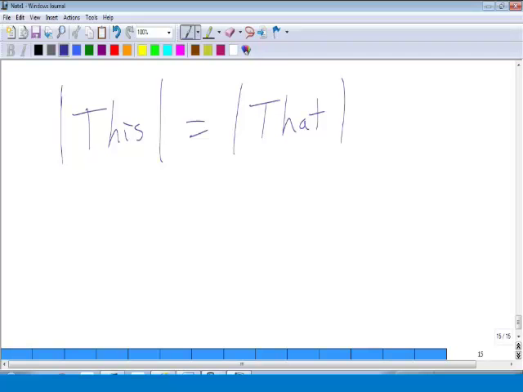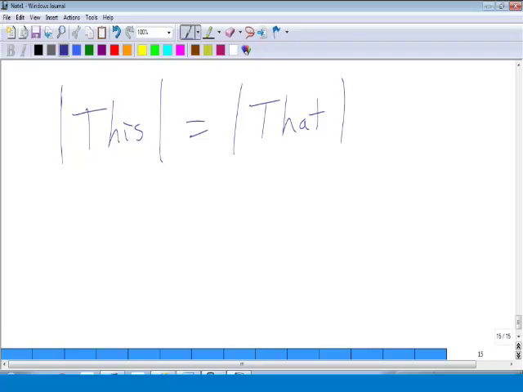Would this be true if this equals that? Would that be true? Yeah. If this and that are the same, then they have the same absolute value, right? They might both be positive, they might both be negative, but if they're the same, then they have the same absolute value.